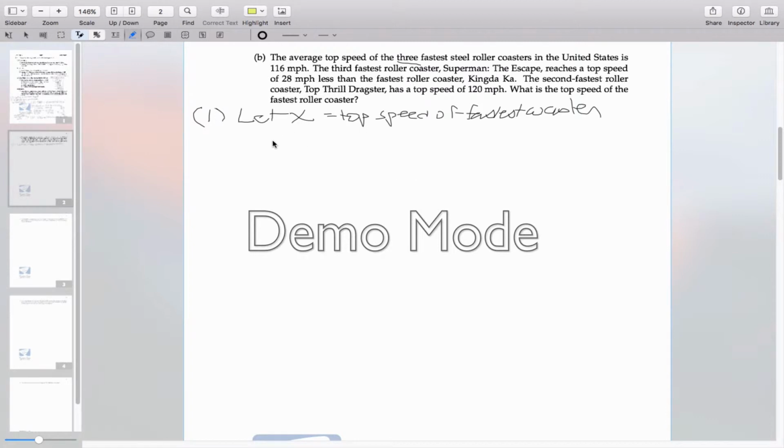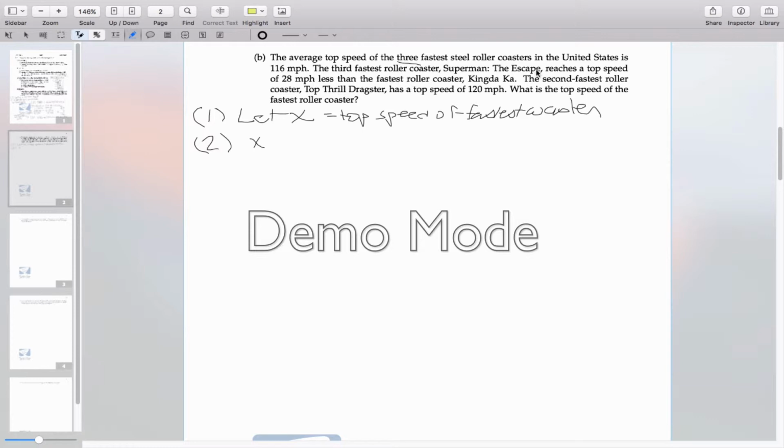Now notice you don't want to just say x equals speed, because I don't know what speed you're talking about. Now we know that x represents the top speed of the fastest coaster. And now we can write down our equation. We know that x is the speed of the fastest coaster.